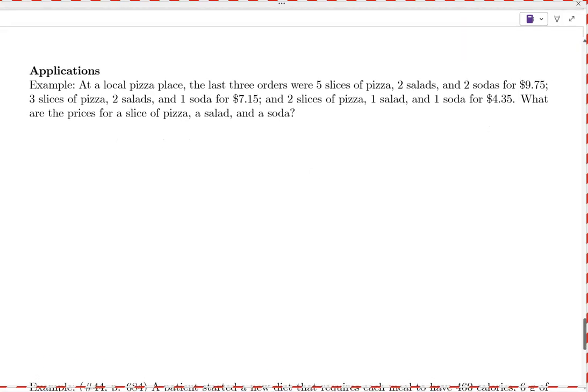So again, we've got 3 different quantities that we want to find, right? We want to find the price of pizza, the price of a salad, the price of a soda. So we have 3 things to solve for.